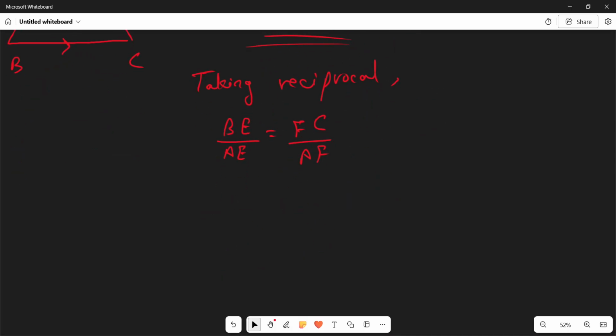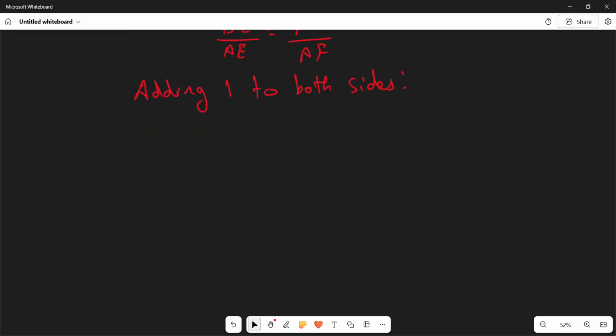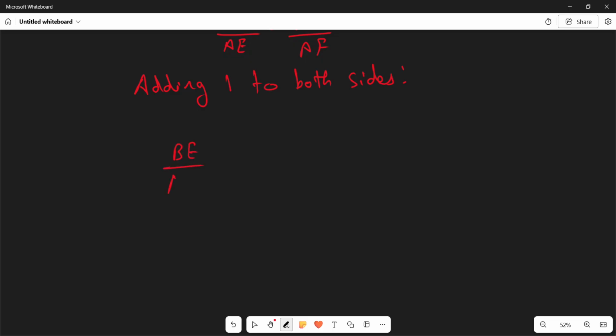Now adding 1 to both sides. I'll add 1 on both sides. So I get BE upon AE plus 1 equals CF upon AF plus 1.